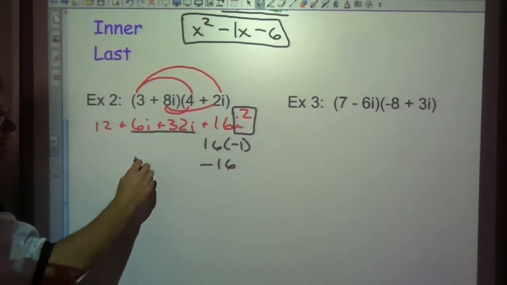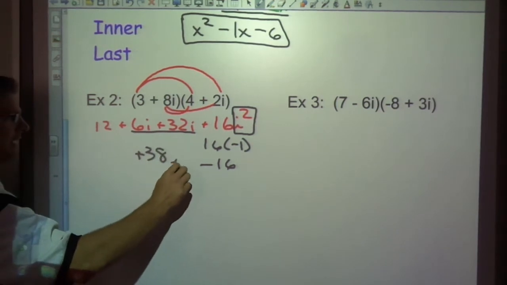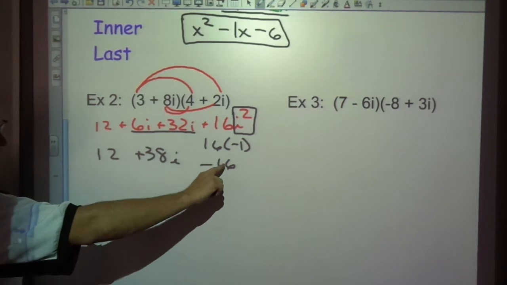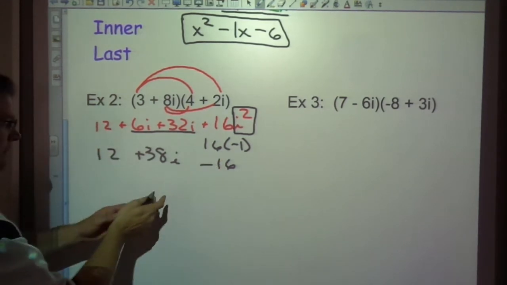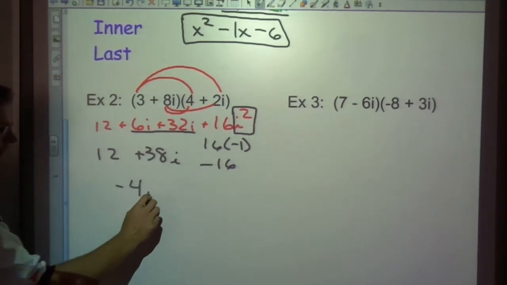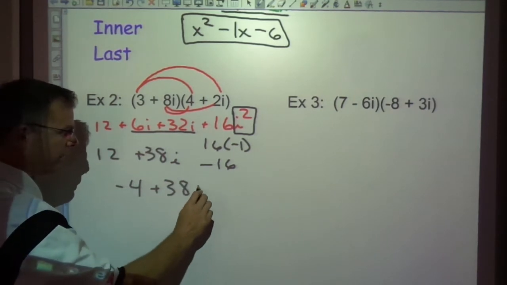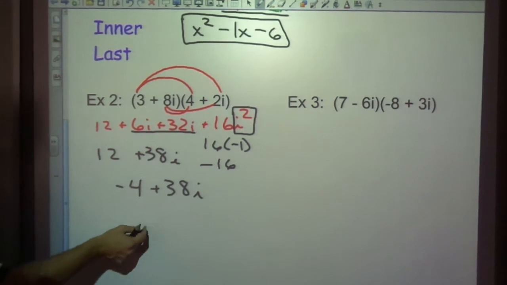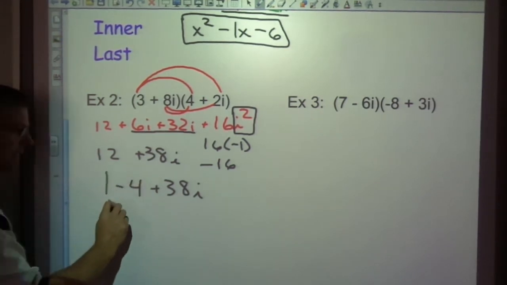These are like terms, they can combine. 38i, and this is a 12. So now I have a plain 12 with a plain -16. Those can be smushed together to make -4. So I have -4 plus 38i. Put the real part first, the imaginary part second, so it still looks like a plus bi.